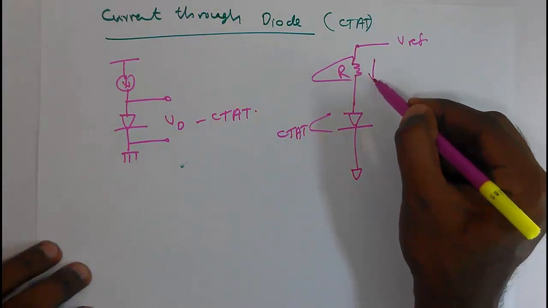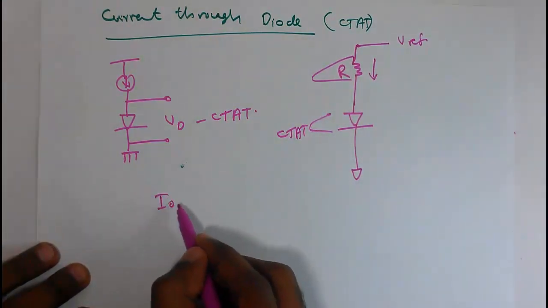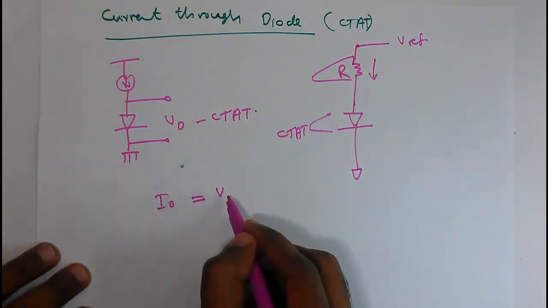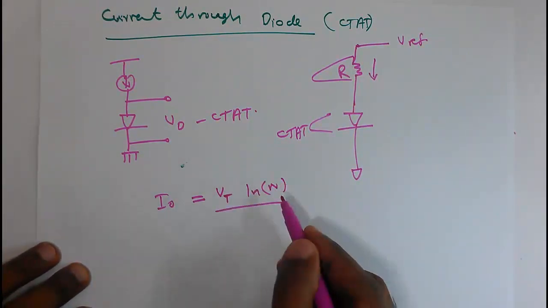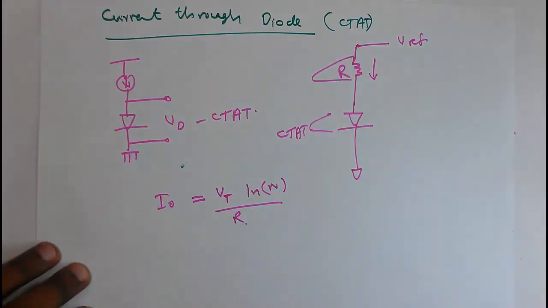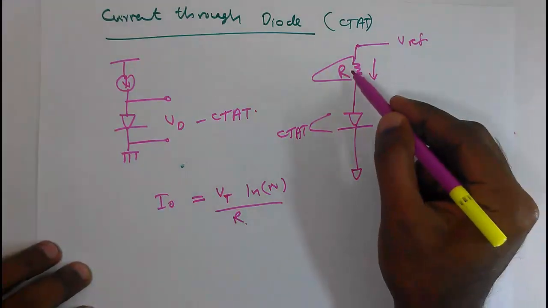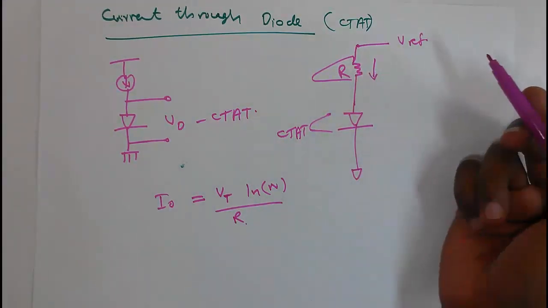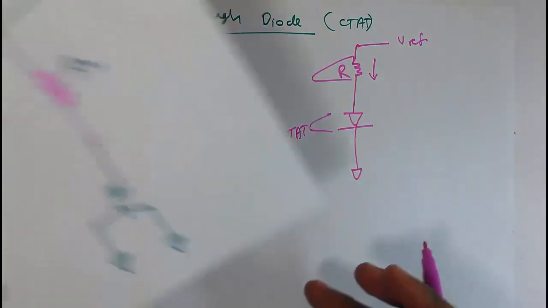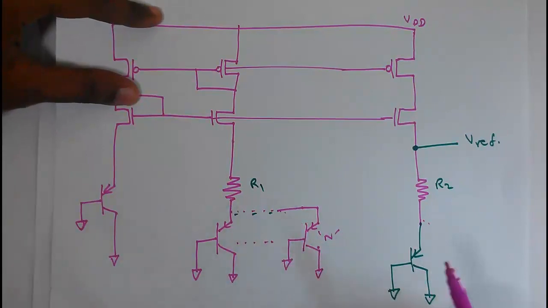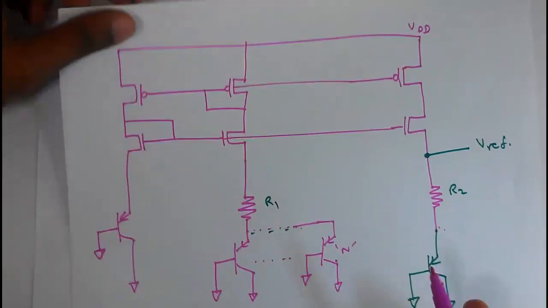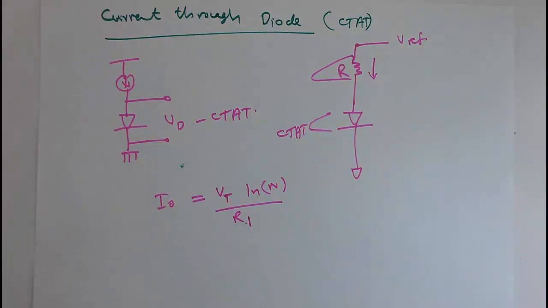But the current through this diode we found, that is I0 equal to Vt ln n divided by R. It is not this resistor, it is actually this resistor, R1, so we call it R1.